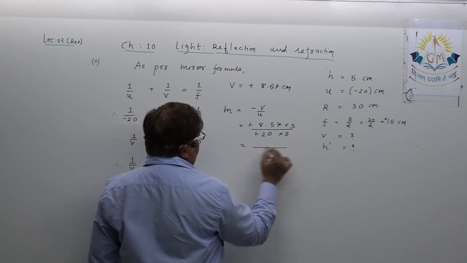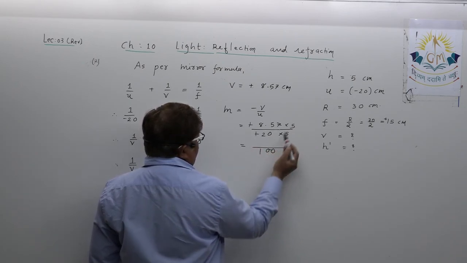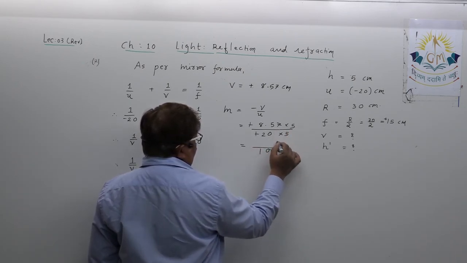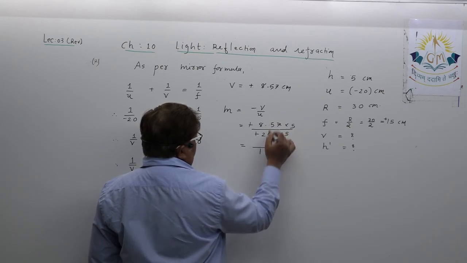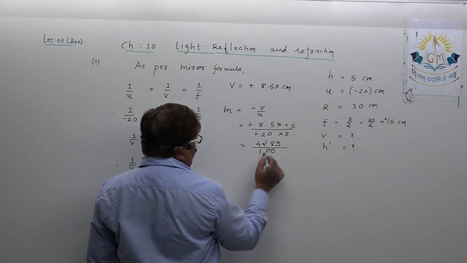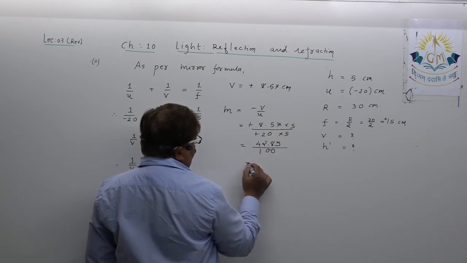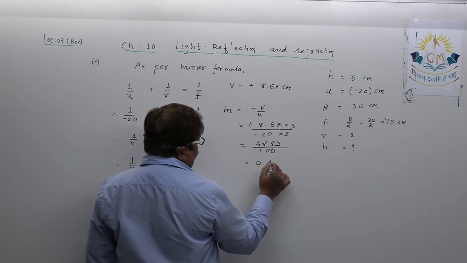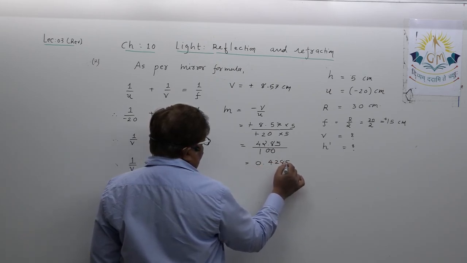So this is going to be 100. 5 7s are 35, 3 8s are 24, 42.85. If you want to place the decimal, 0.4285.